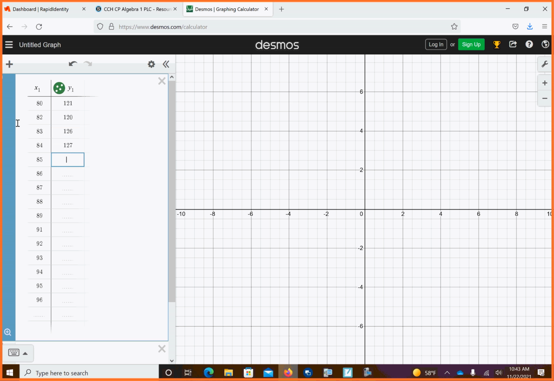Notice my graph is only at -10 to +8, so we have to find it. And the great thing about Desmos versus the graphing calculator is in order to do your window, you can just drag it around to find it.